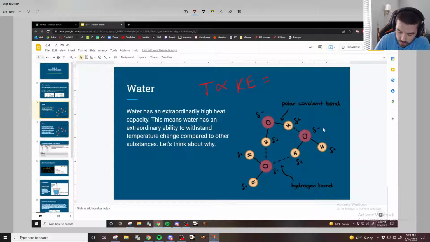Which is equal to 1/2 mv squared, okay? So in other words, temperature is proportional to velocity of the particles, okay? So if the particles are moving faster, they're going to be at a higher temperature than if they were moving slower. Then that would mean that they were at a lower temperature, okay?